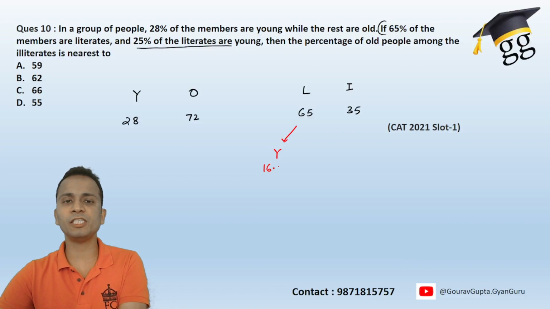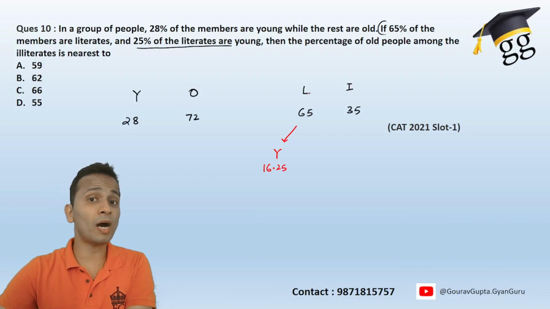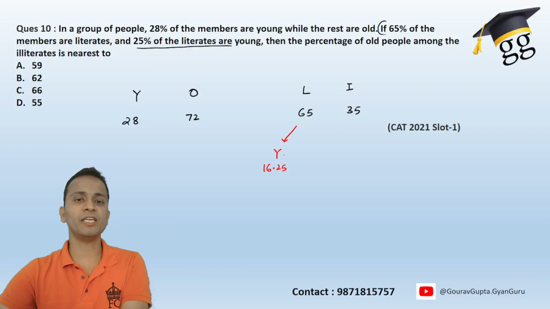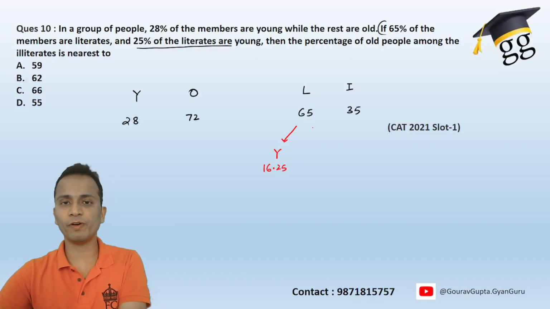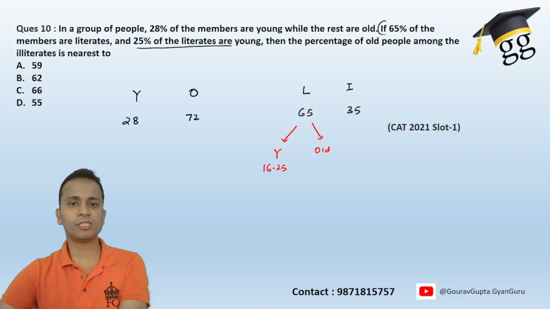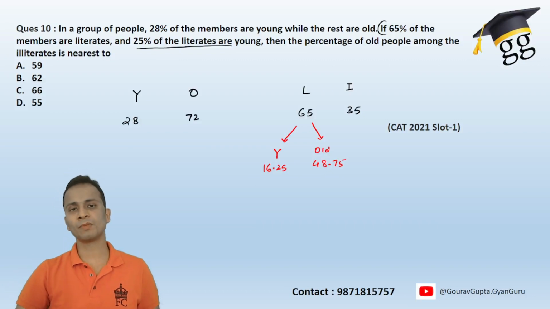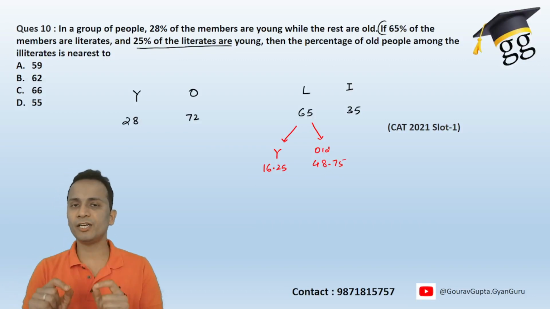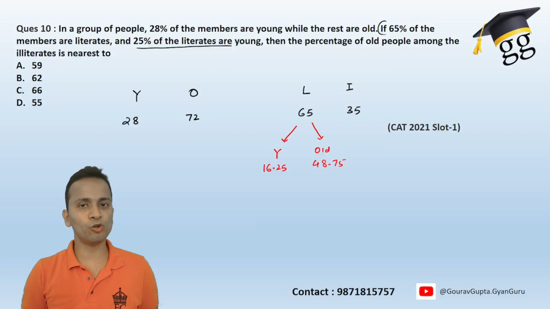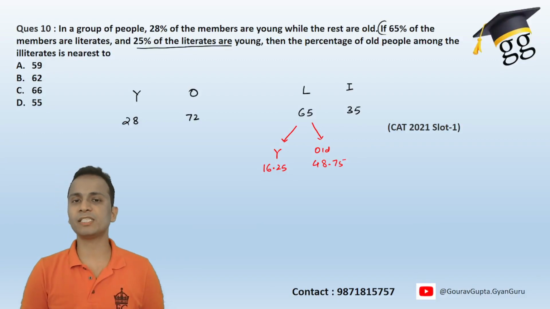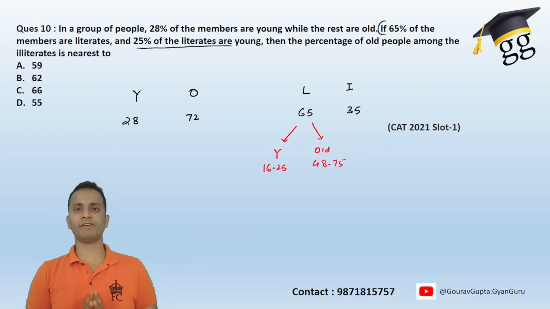That will be 16.25. So out of 65 members who are literates, young are 16.25. So remaining will be old, right? So 65 minus 16.25, that will be 48.75. Okay, so we have young literates as 16.25 and old literates as 48.75.